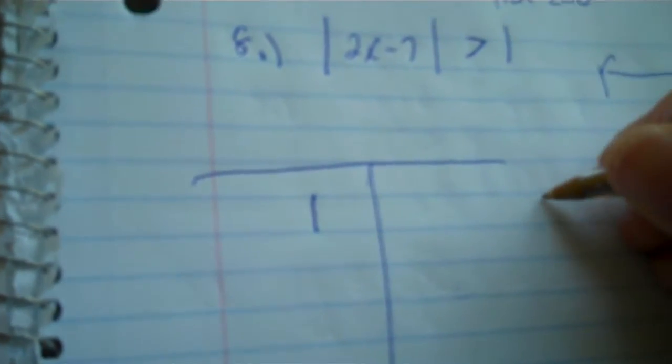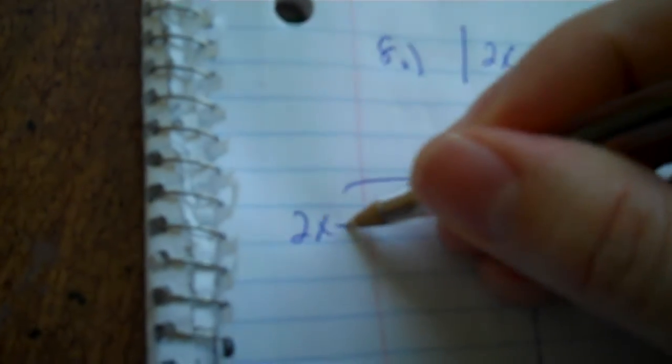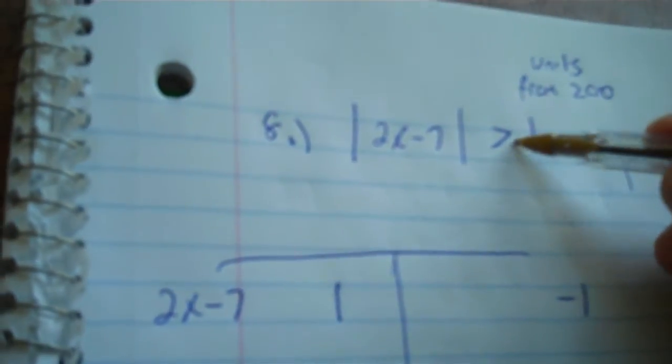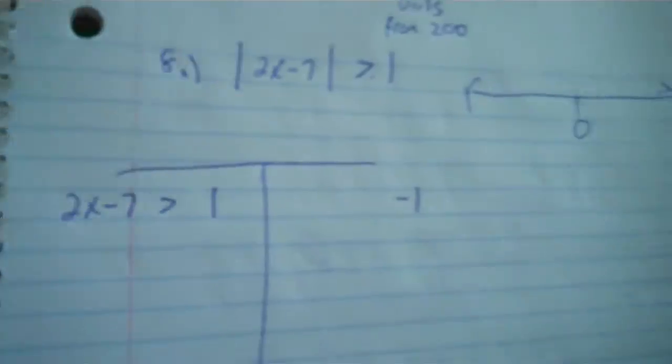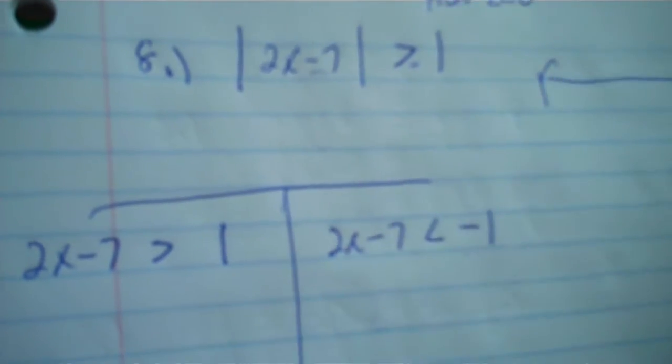So it's 1 unit from 0. Well, there's two places you can be 1 unit from 0. You can be at 1 and you can be at negative 1. And then you line up your 2x minus 7. With the positive, you use the symbol that's there. But with the negative one, that symbol has to flip, and I put 2x minus 7.